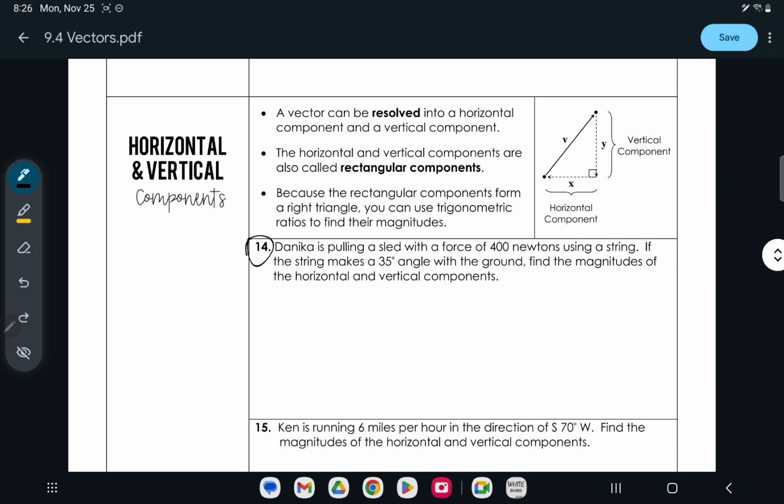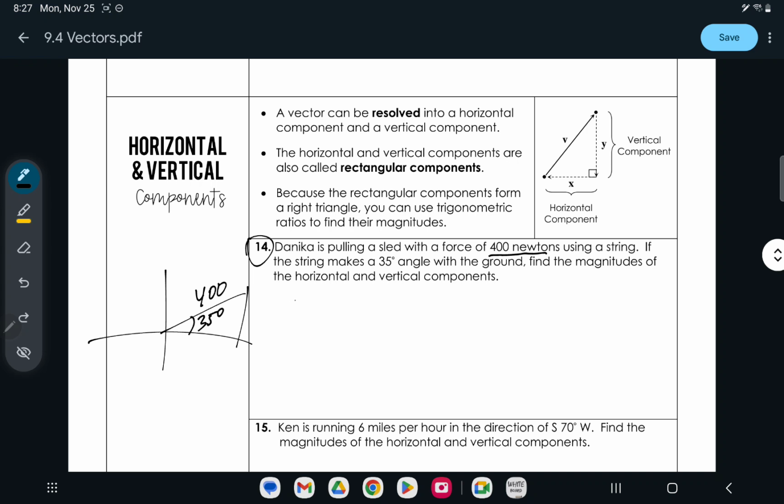Because the rectangular components form a right triangle, we can use trig to find them. Danica is pulling a sled with a force of 400 newtons using a string. If the string makes a 35-degree angle with the ground, find the magnitude of the horizontal and vertical components.